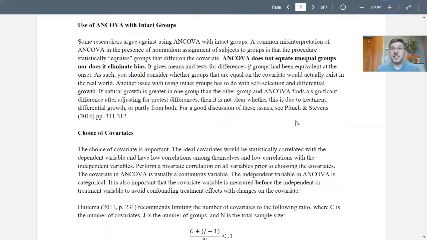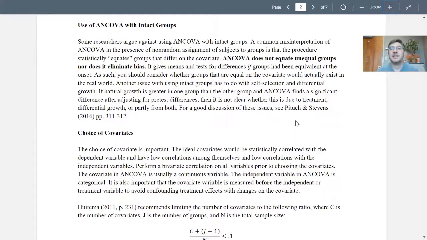If you start Googling analysis of covariance, you'll see a lot of different arguments out there. Some people are completely against using analysis of covariance in non-experimental designs, or in places where we would have actual intact groups, where we're not randomly assigning participants to groups. I'm not as strict on that argument.